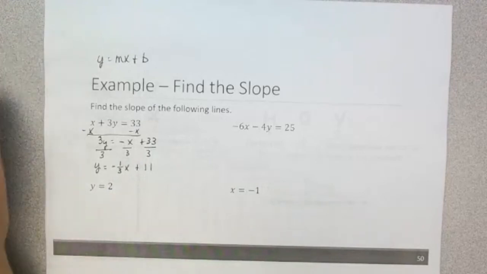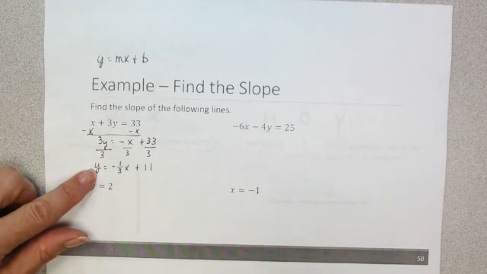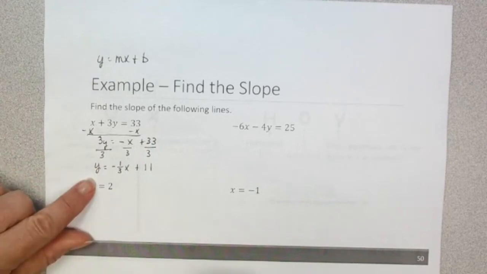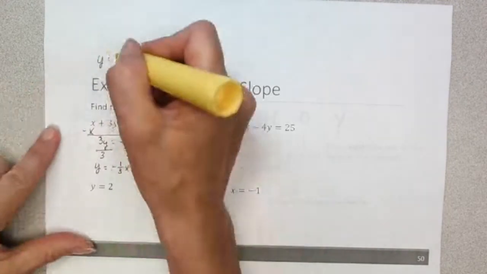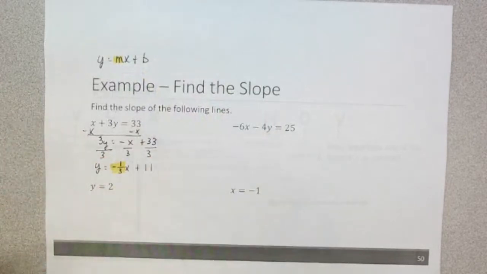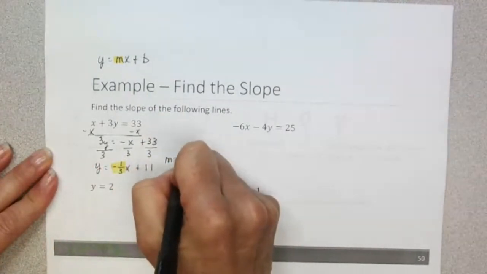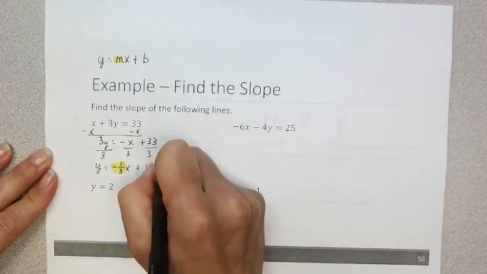Okay, now this equation is in slope-intercept form. We've solved for y. Y is all by itself on one side. Now we can see that the slope, m, is going to be the coefficient of the x term, the number in front of the x. So we can now easily say here that the slope of this equation is negative 1/3.